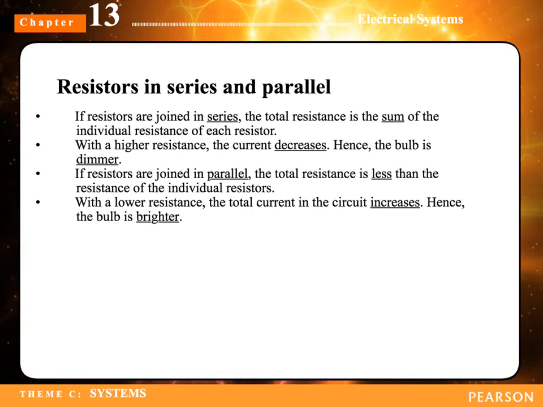Do you remember what I said? So imagine the current is moving from here. Let's say I connect the switch, so the current is moving here. It goes past the first resistor. When it goes past the first resistor, it will drop a bit.